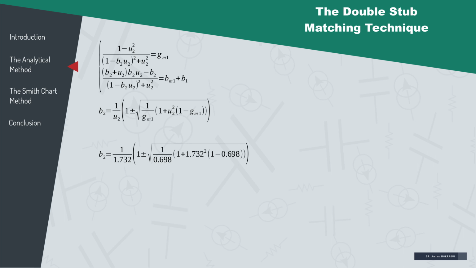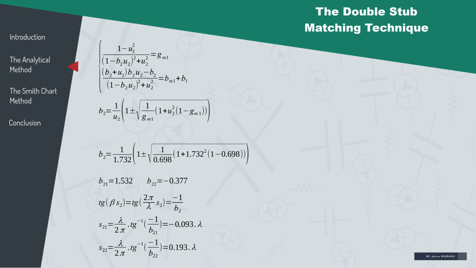In our case, we get a quantity which is positive, leading to two solutions, B21 equal 1.532 and B22 equal minus 0.377.